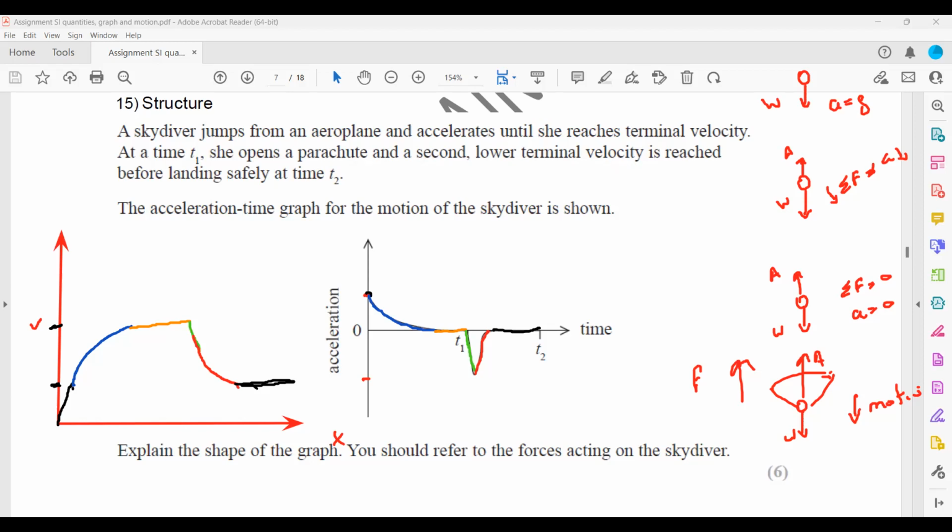Eventually, when the paratrooper opens the parachute, the air resistance is more than the weight, so it will decelerate. And even the deceleration decreases, because the speed is decreasing.